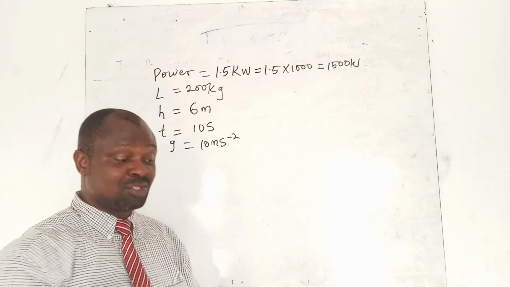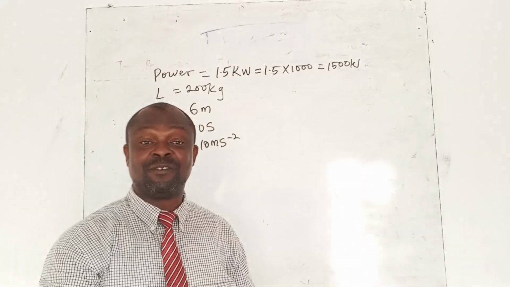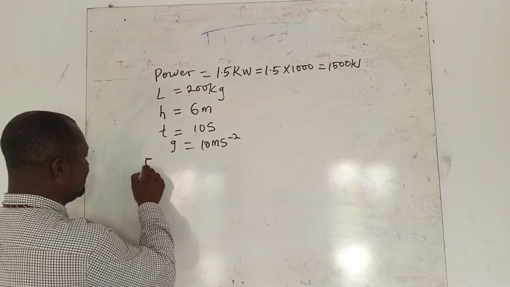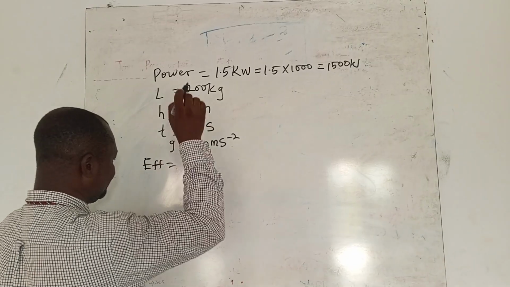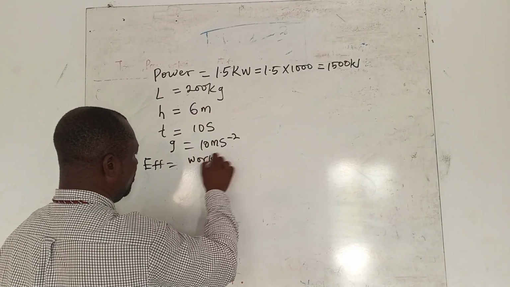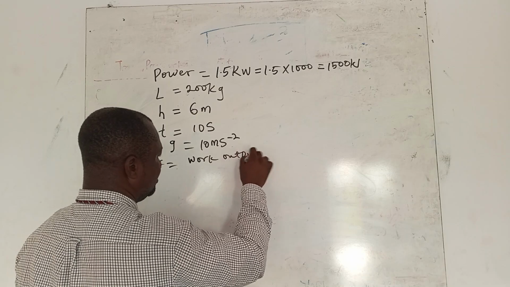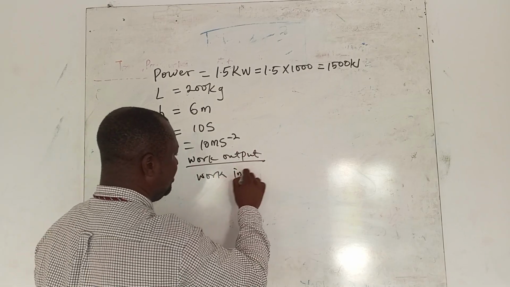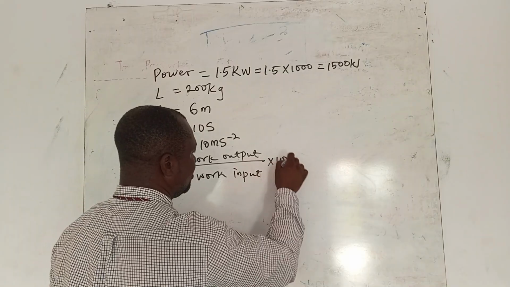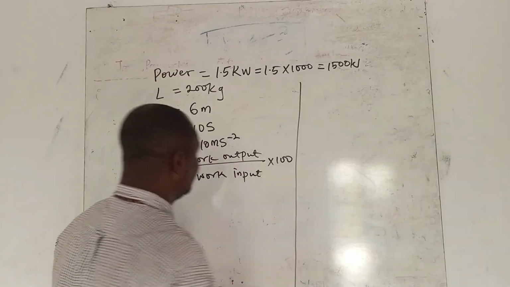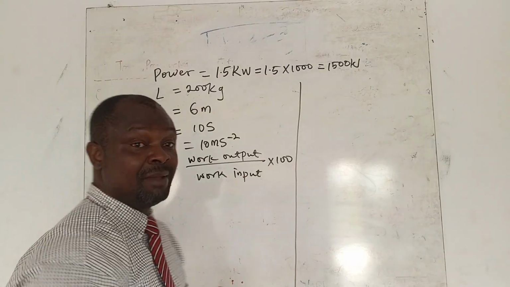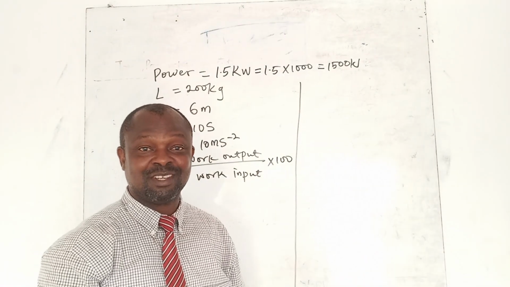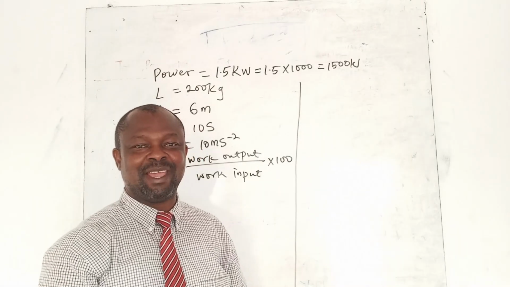Now we are to calculate the efficiency of the pump. The formula for efficiency is work output divided by work input times 100. And remember, work output is the work done by load. Work input is the work done by effort.